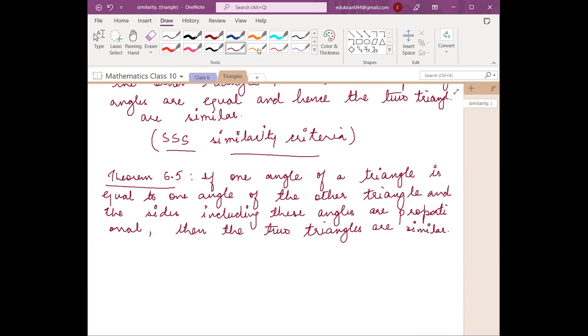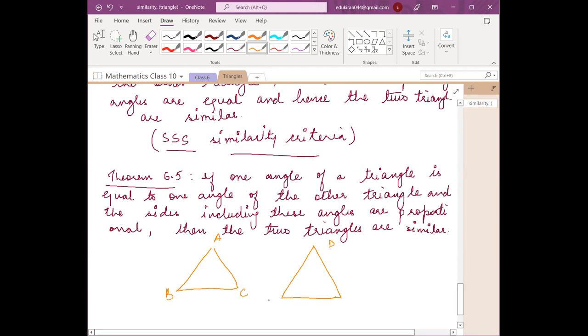To understand one thing here in this theorem: if one angle of a triangle is equal to one angle of the other triangle. So if you have two triangles, let's say, this is your triangle ABC, and this is your triangle, let's say DEF. And again, I have drawn one PQ. So this much is clear that AB is equal to DP and AC is equal to DQ, like that.